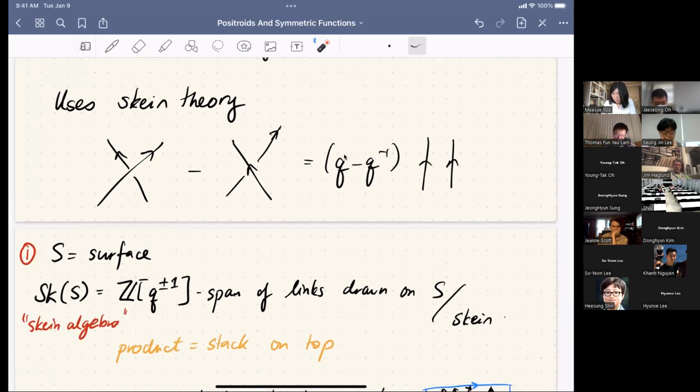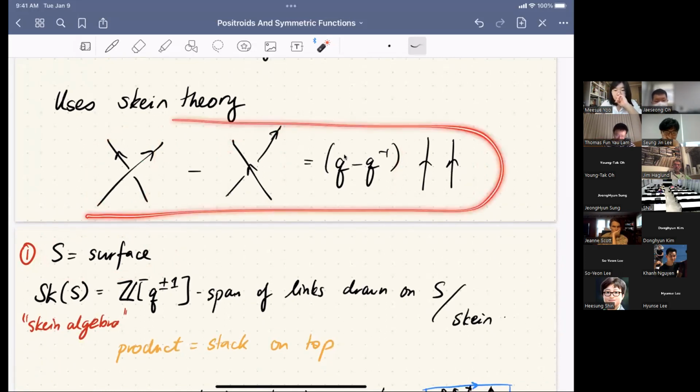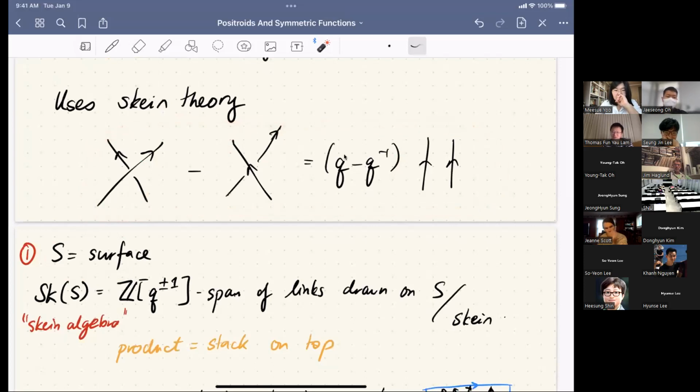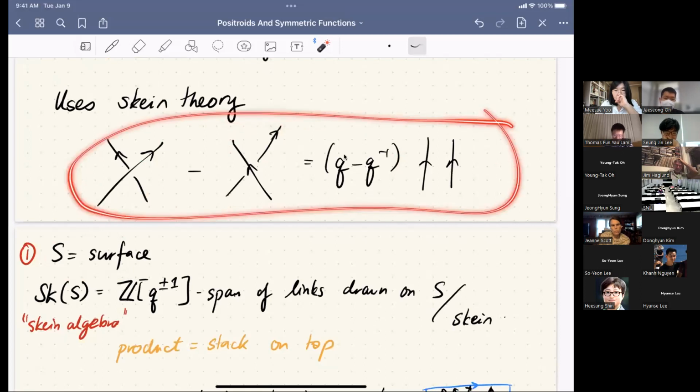Whenever you see 3 links that locally only differ in the following way, one has an overcrossing, one has an undercrossing, and one has no crossing, then the corresponding links are declared to satisfy this equation in the skein algebra. So you take the abelian group spanned by all links that you can draw on the surface up to isotopy, and then you mod out by these skein relations.